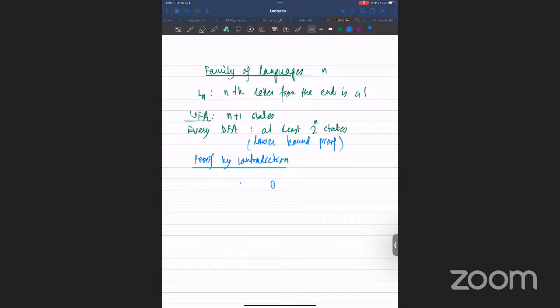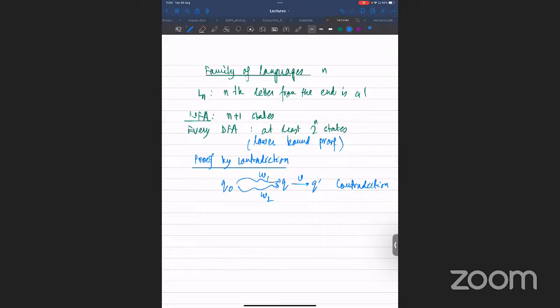You went from Q0 on W1, W2 to Q, and then you added a new string V and went to Q prime. That cannot be the case, because one is in the language and the other is not. So this gives a contradiction.